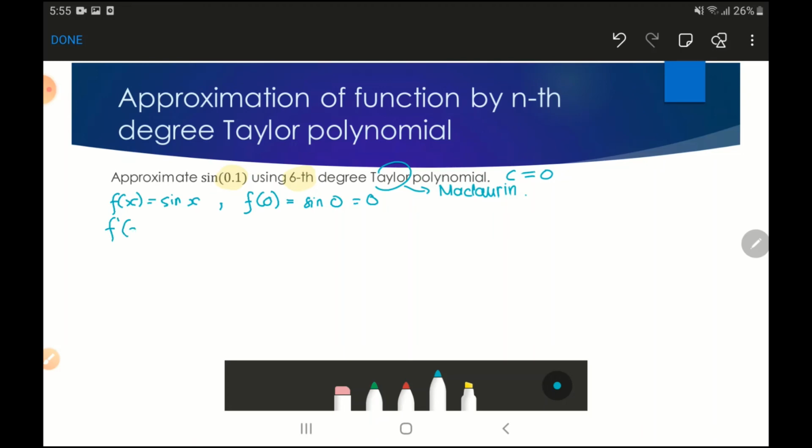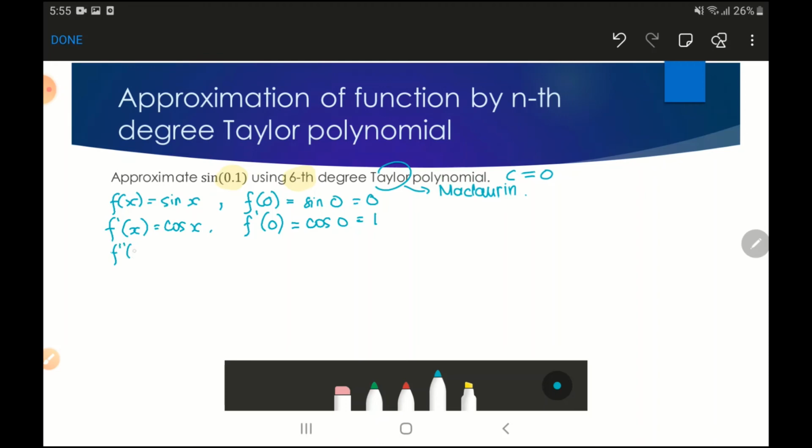Now the first derivative of sin is cos x. f prime 0, which is cos 0, is 1. Now let's continue. Because it's 6th degree, we have to find the derivative until 6th order.